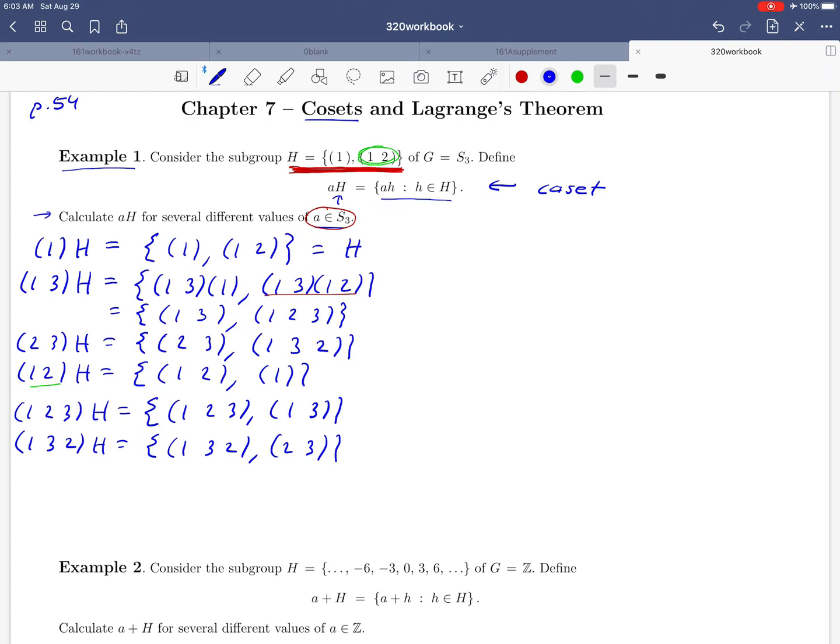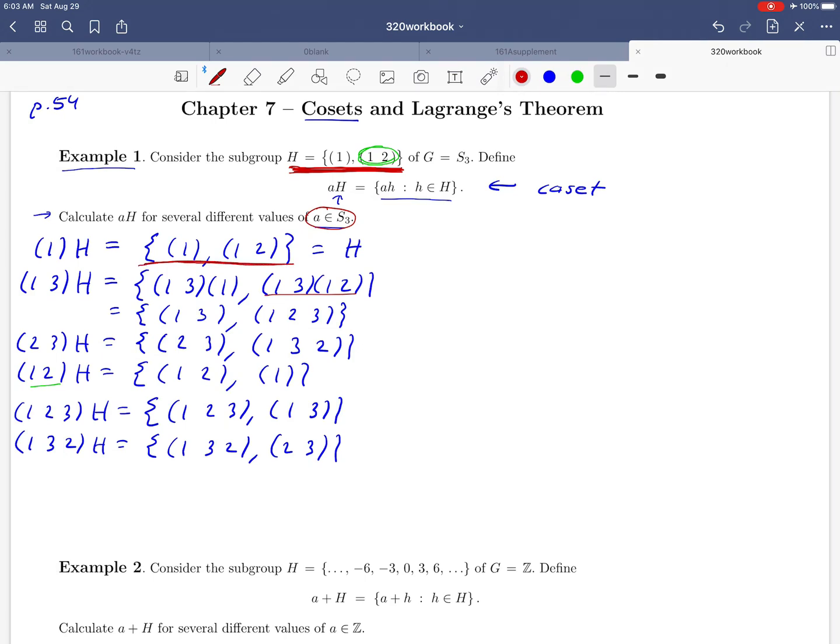So S3 has 6 elements. We've gone through those elements one at a time and written down a coset for each element. Now I'd like to make some observations. We wrote down 6 cosets, but are those 6 cosets really all different from each other? Notice, for example, that this one shows up twice.